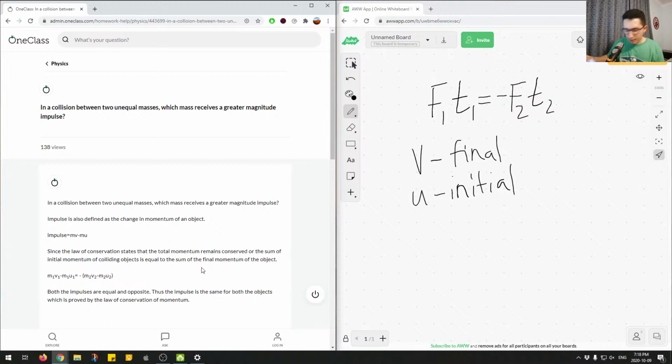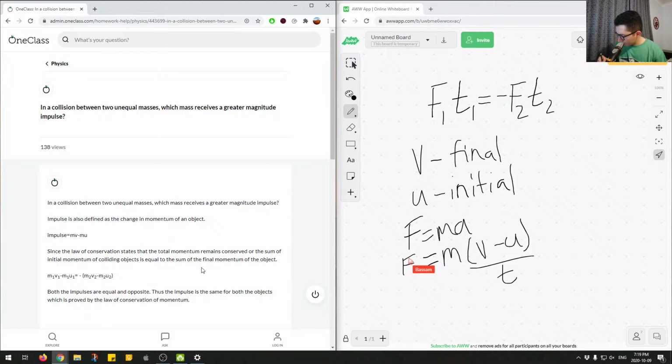If we had F equals ma, we would get m times final velocity minus initial velocity over t, and then this would give us ft is equal to m(v minus u), which would be equal to mv minus mu.